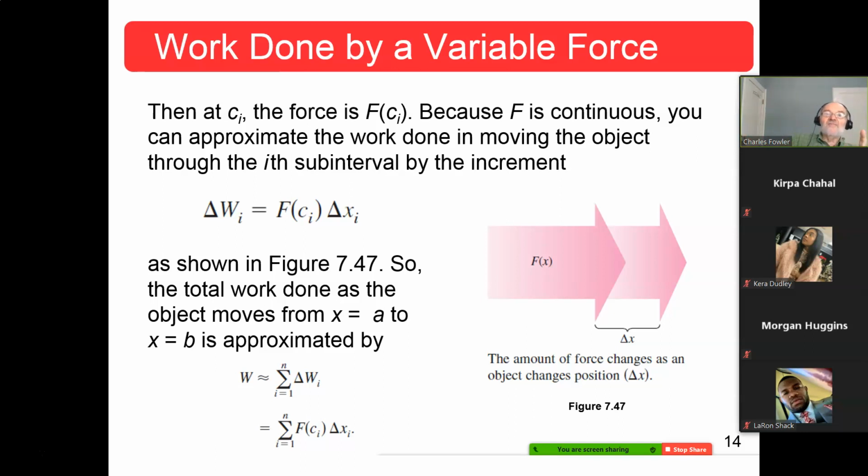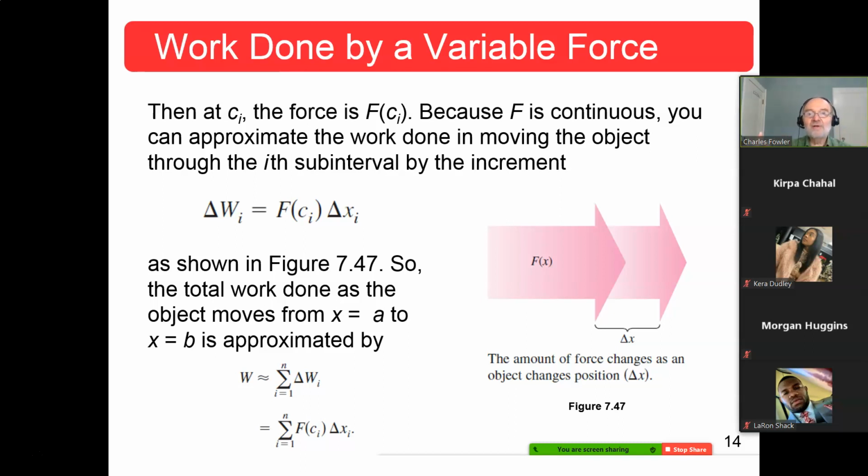Because F is a continuous function, it's not jerky, it's a smoothly changing function, you can approximate the work done in moving the object through the ith interval as F of c sub i, the force in the center, times the distance you moved, which is your delta x sub i.